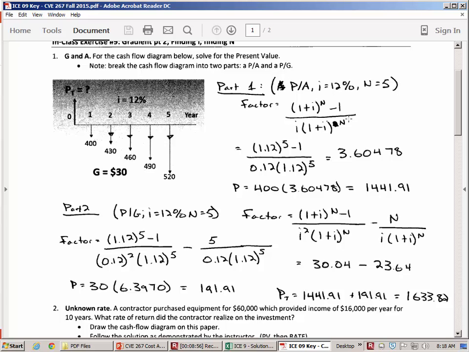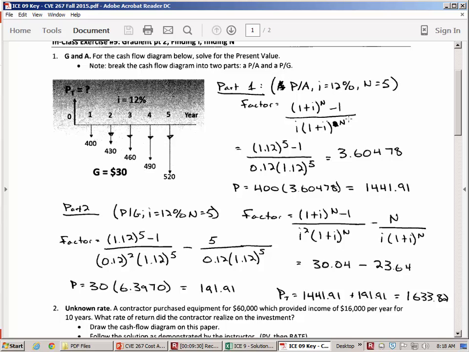If you look, here is 0G, 1G, 2G, 3G. In this little detour that I put on the board, we have 1G, 2G, 3G. So the 0G is sort of a pseudo year 0 that is actually in year 1. From the perspective of the gradient, this is year 0. And so if we did a P/G, it would take all that amount to year 1. Other questions?